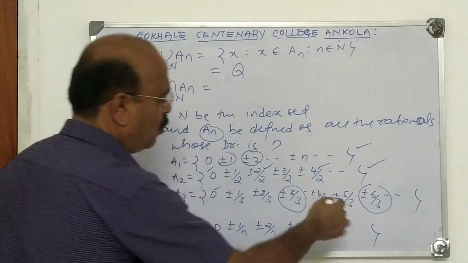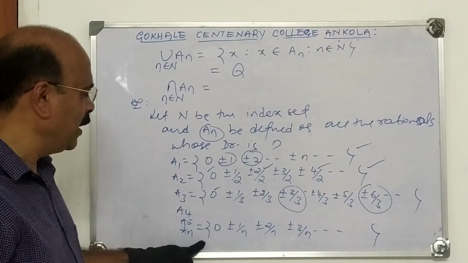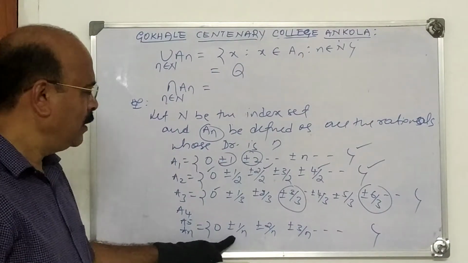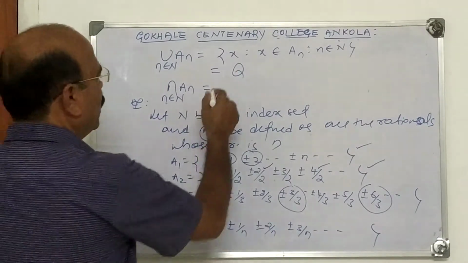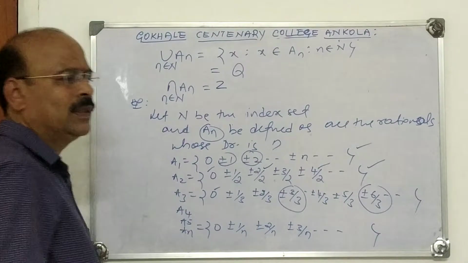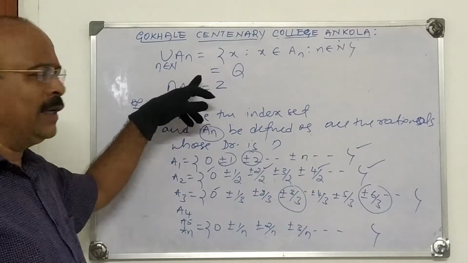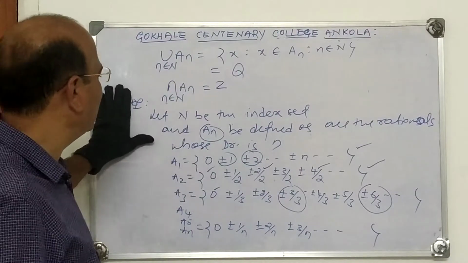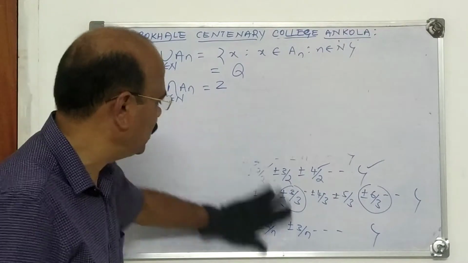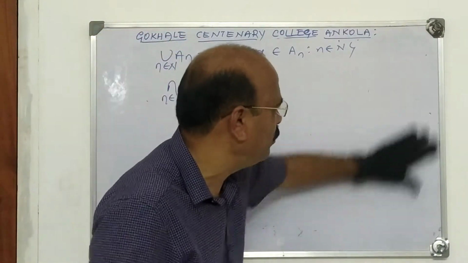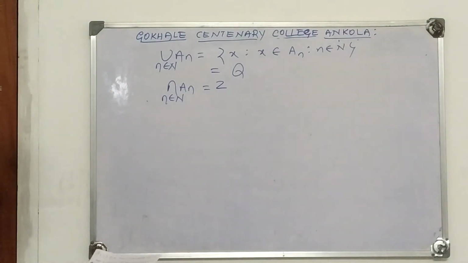Similarly in An also we have all the integers: 0, 1 is plus or minus n by n, 2 is plus or minus 2n by n, and so on. Therefore, what is the intersection? The set of all integers. So this is how we define union and intersection. I think this example is clear. The concept of intersection and union is clear.